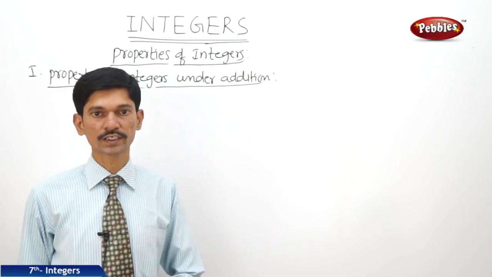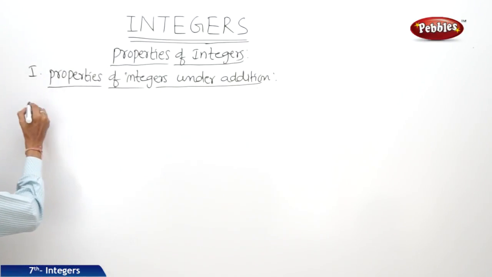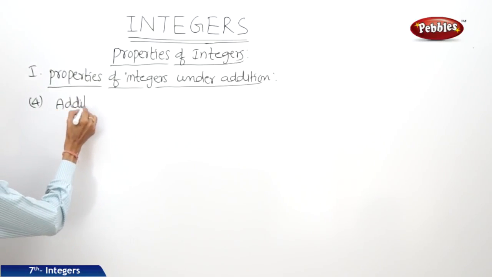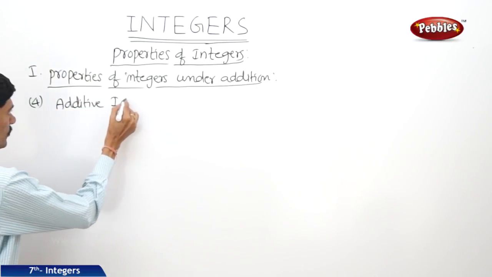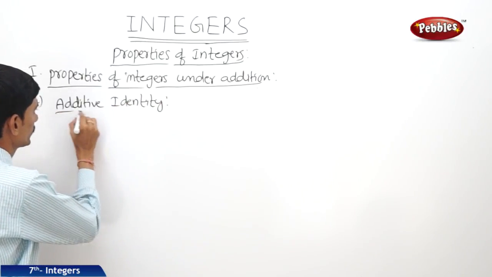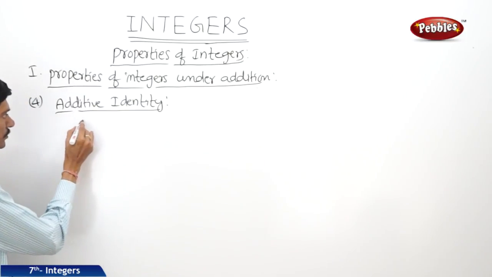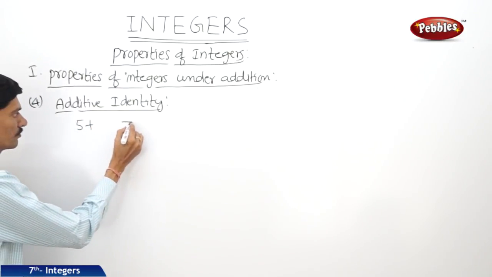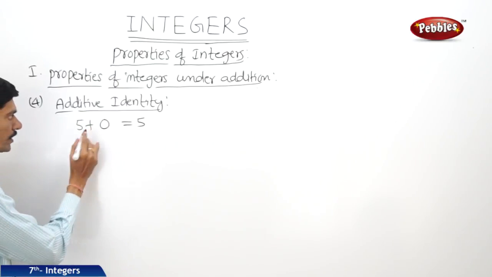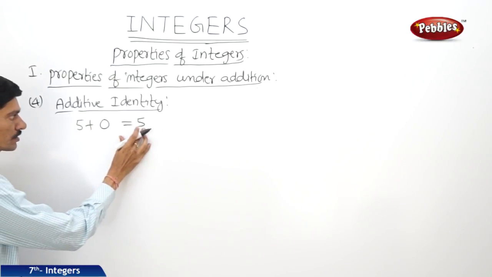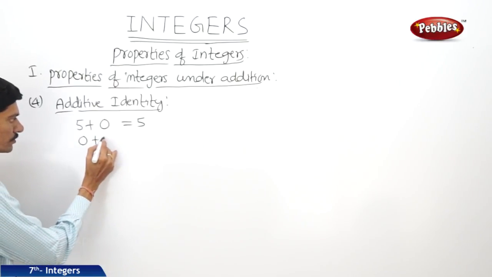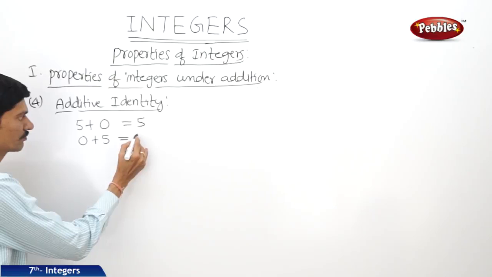Now fourth one is additive identity. So what must be added to 5 to get the sum also 5 itself? So obviously we can write 0. So 0 should be added to 5 to get the sum as 5.